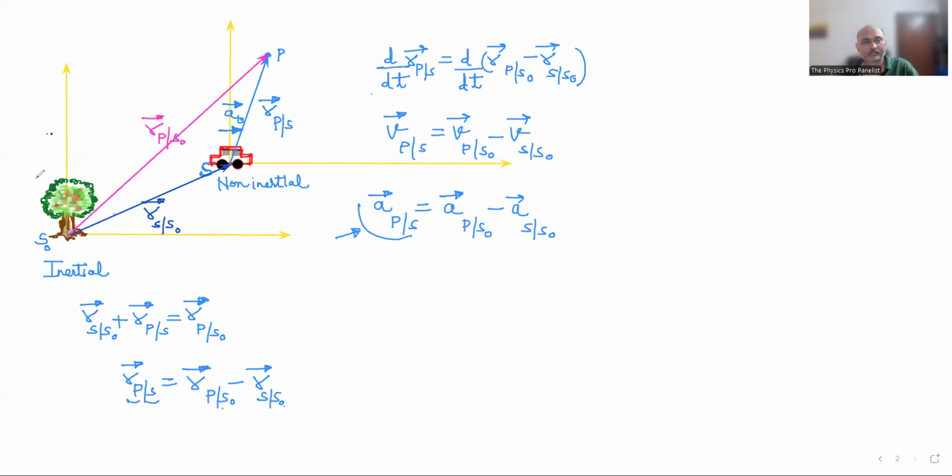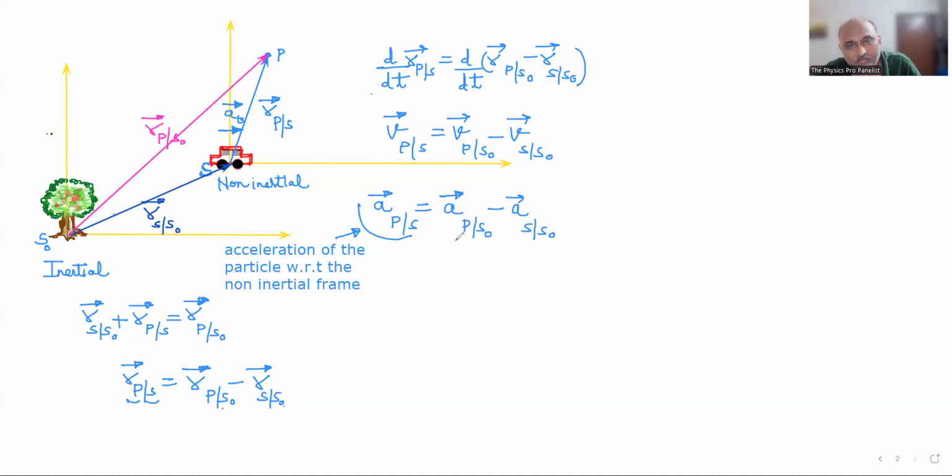This is the acceleration of the particle with respect to the non-inertial frame. Clear?